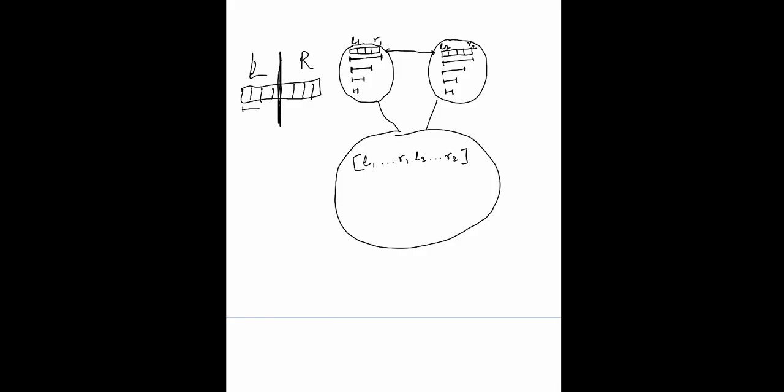This part denoted this, leaving out this, and then this part denoted this. When you combine it, this is not a prefix anymore, right? Because there's an element that you're missing in between, and it's not a subarray anymore.